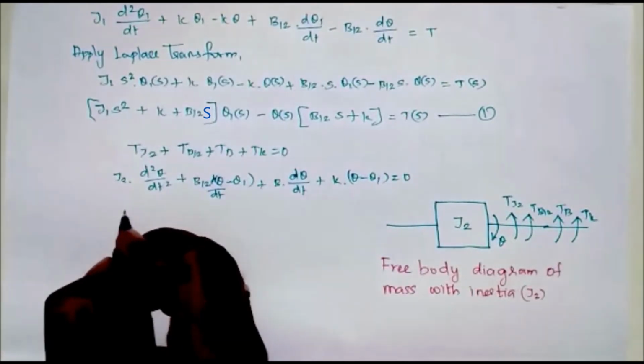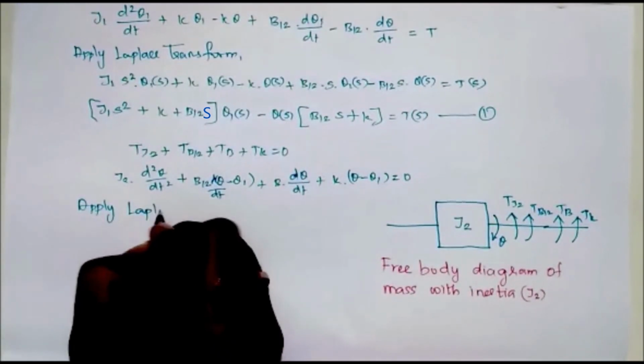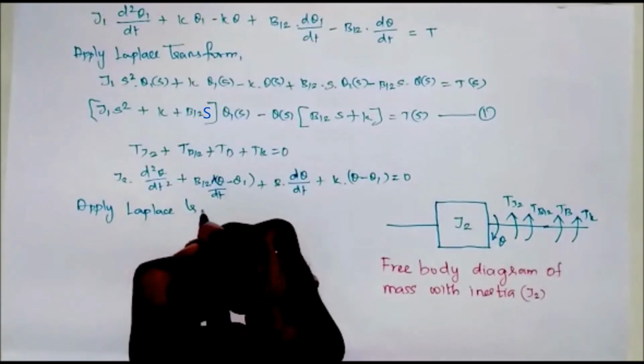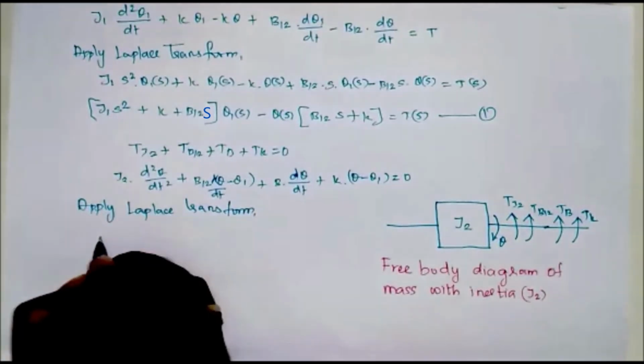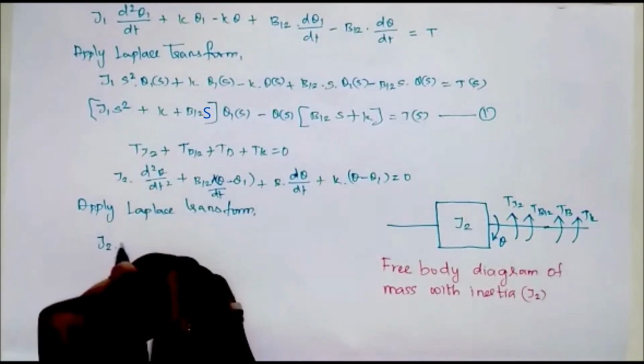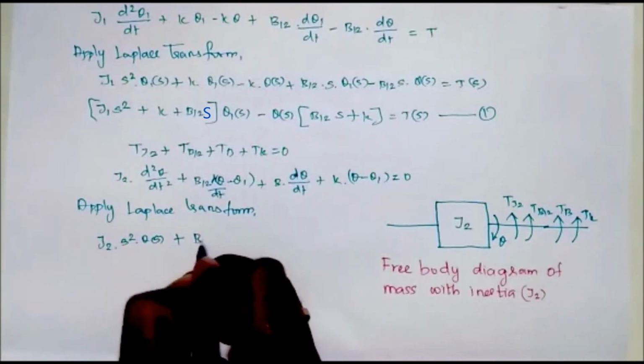So now we have to apply the Laplace transform. So now we know J2 into the derivative square, s square into theta of s, plus b12.